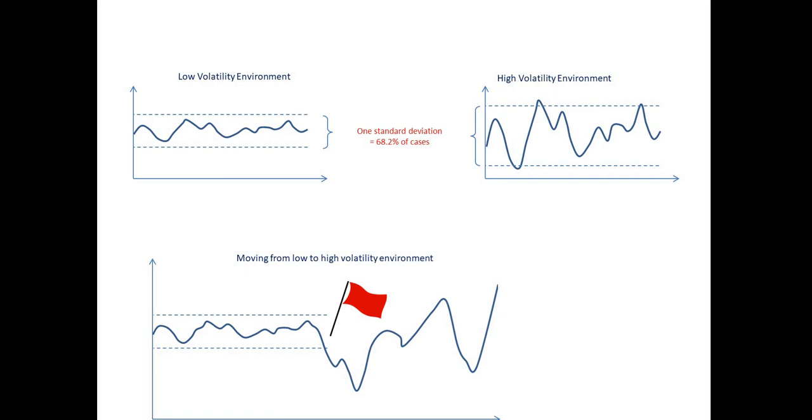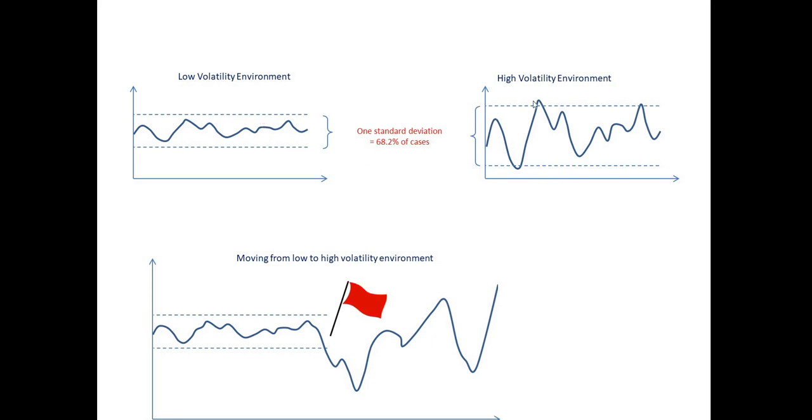And for those not familiar with statistical terms, one standard deviation represents 68.2% of the cases. So in this diagram, we have a 68.2% probability that the price is going to remain between our dashed lines.